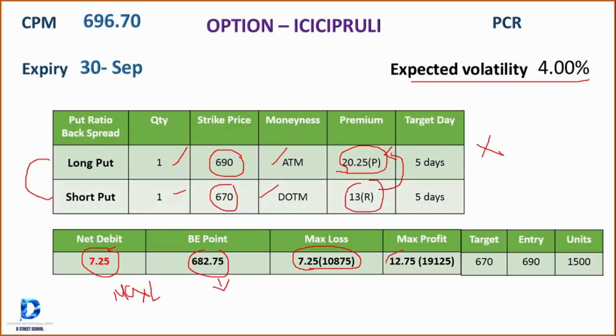That would be our maximum profit of 12 rupees 75 paise on the premium, 19,125 rupees in INR. So our target price would be 670 and entry price would be 690. Current market price is 696.70. So I would recommend you initiate the trade at 690. This is per unit. We have got 1,500 units.